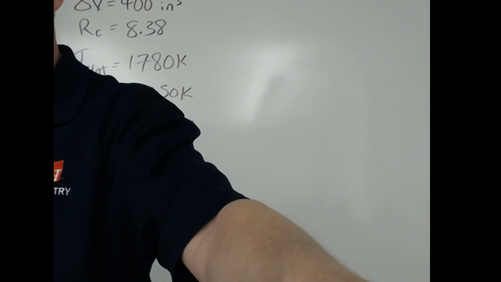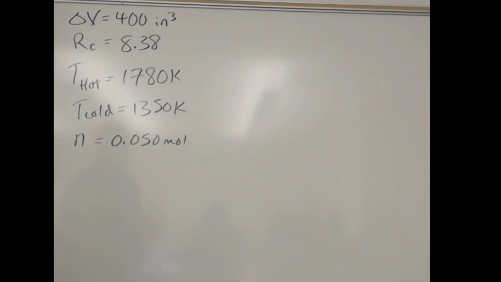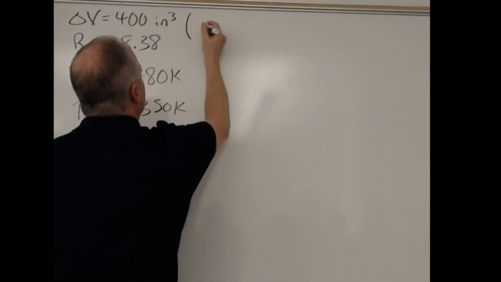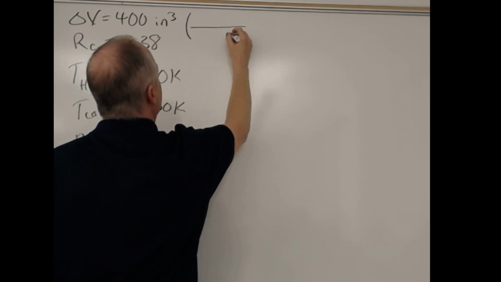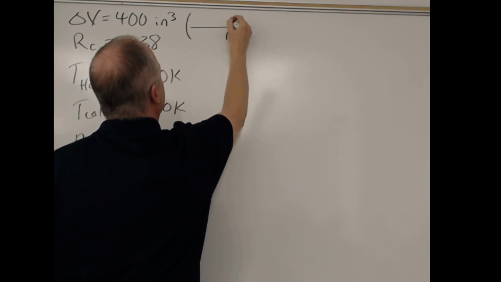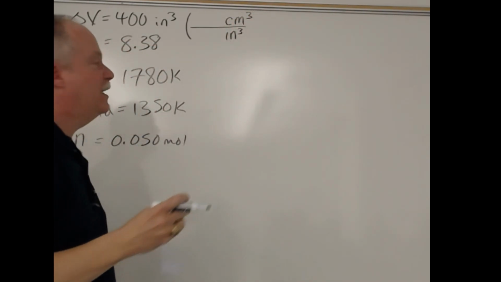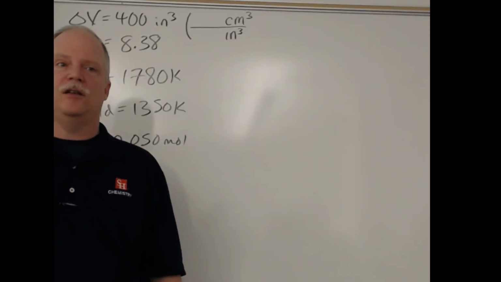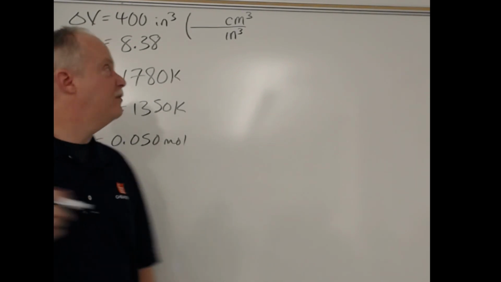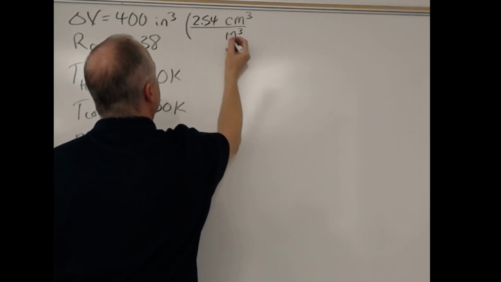So what are we going to do about this cubic inches displacement? Change it to cubic centimeters. Yeah, okay, that's good. So we're going to need inches cubed on the bottom and centimeters cubed on the top. And the inch is actually defined by the centimeter. Do you know what the definition is? 2.54. Yeah, 2.54, good job. 2.54 centimeters per inch.